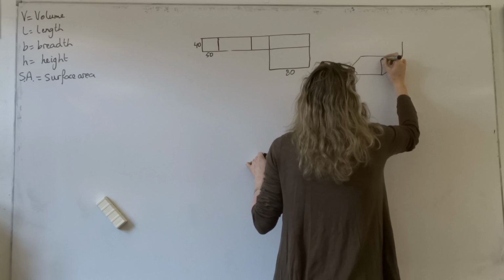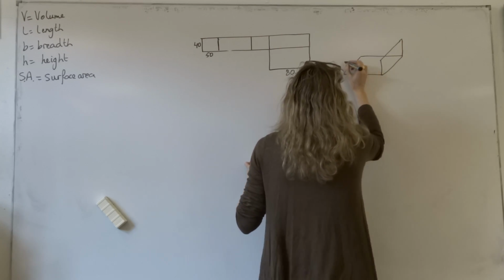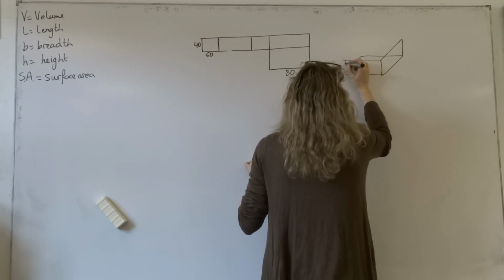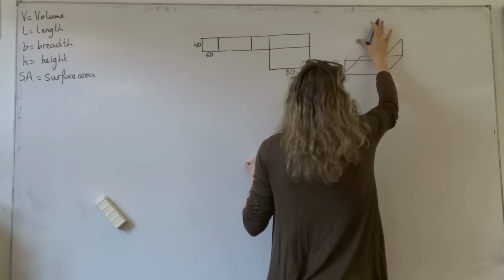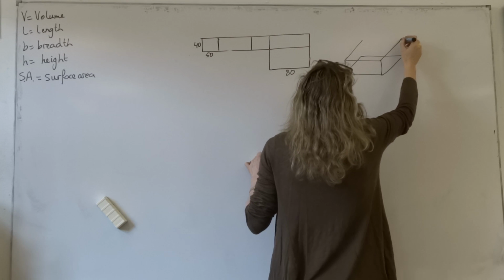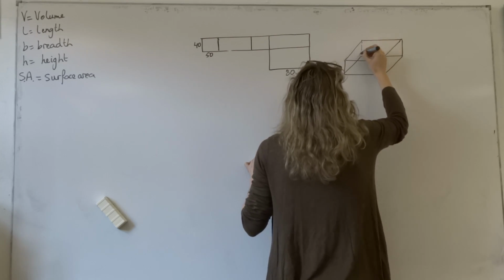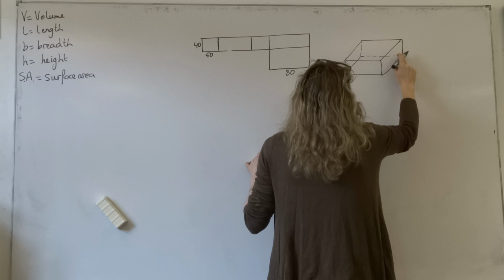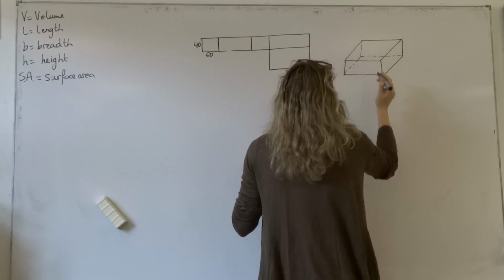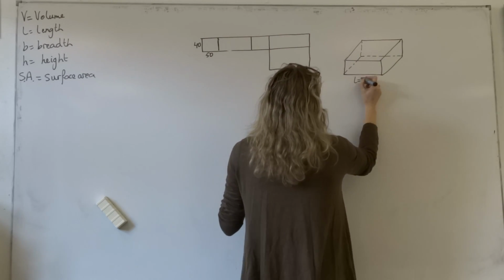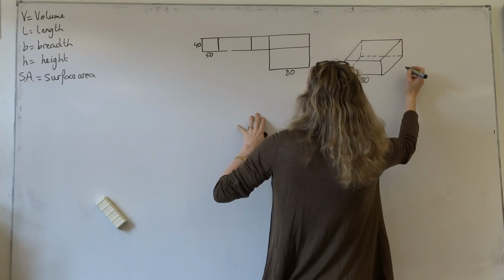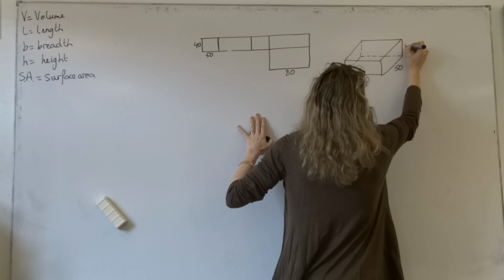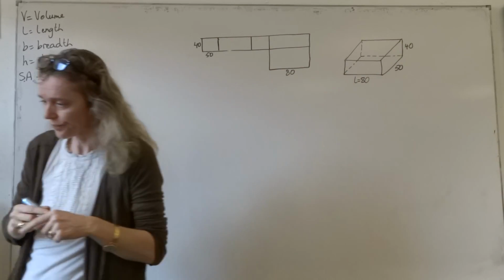And we have to remember that we have no lid to it. Okay, so here's our box then. We have a length of 80 and a width of 50 and a height of 40.